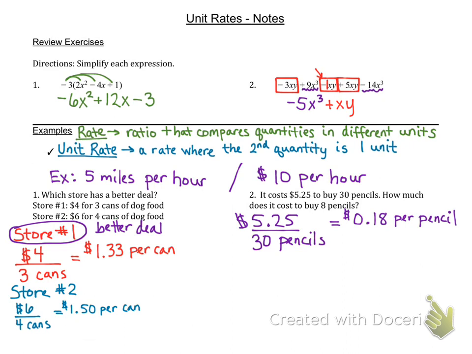But we want to know how much it costs to buy 8 pencils. So I'm going to take that 18 cents and multiply it by the number of pencils that I'm buying, which is 8. So 18 cents times 8 is going to end up equaling $1.44, and this is for the 8 pencils.